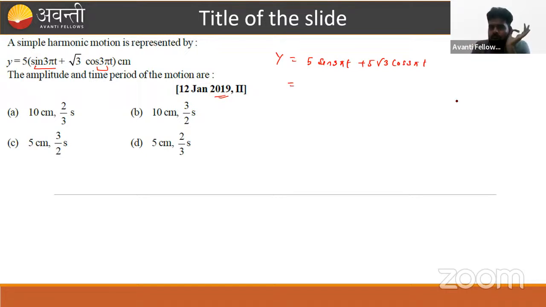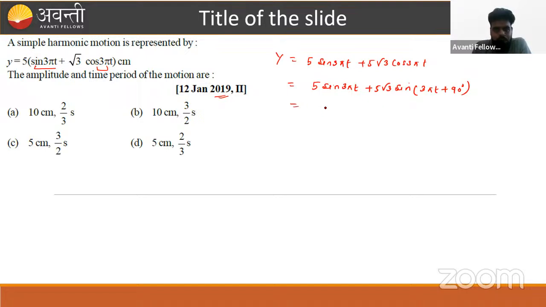Suppose you want to convert everything into sine. This is already in sine, so write 5 sin 3 pi t. Anybody can tell me how we can write cos in terms of sine? We can write it as sin of 3 pi t plus 90 degrees.